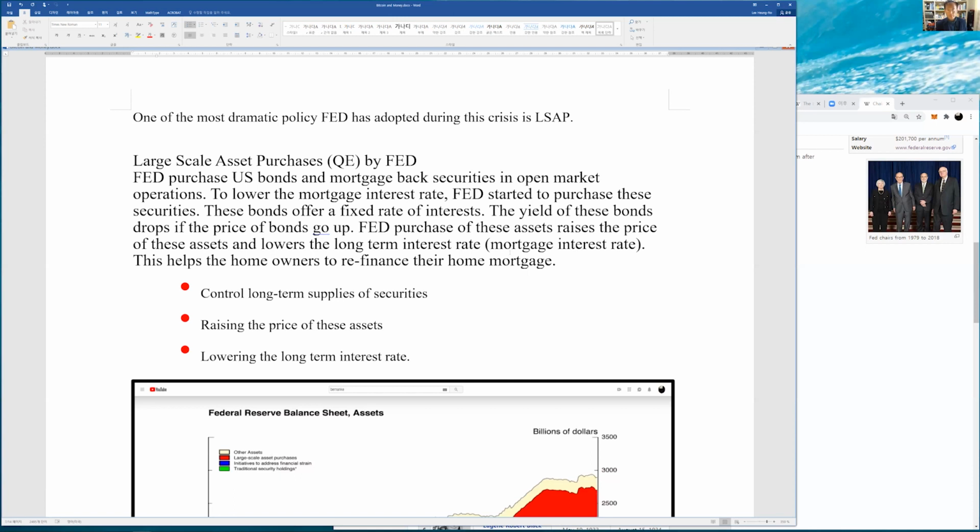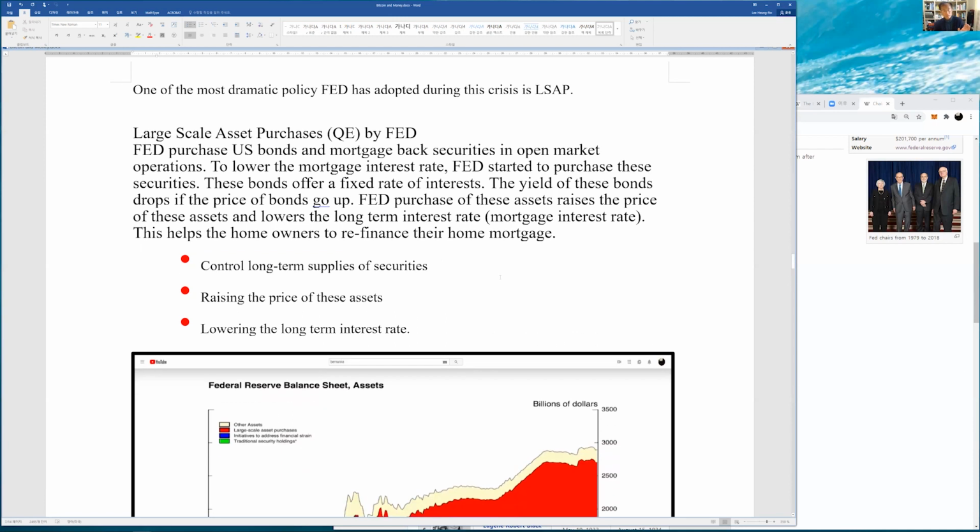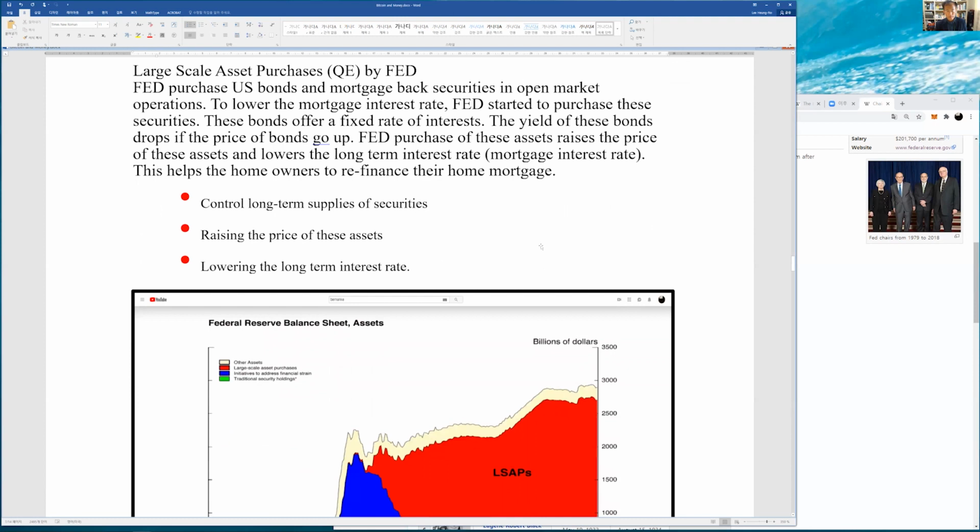So basically, people who are on the verge of defaulting can be saved because they can get cash by refinancing their home. So that is the aim of the Fed during the financial crisis.